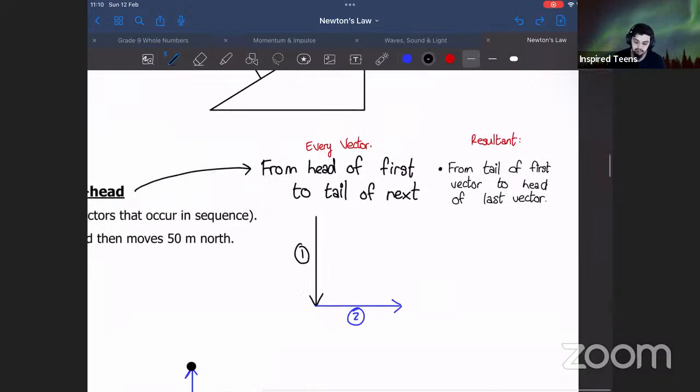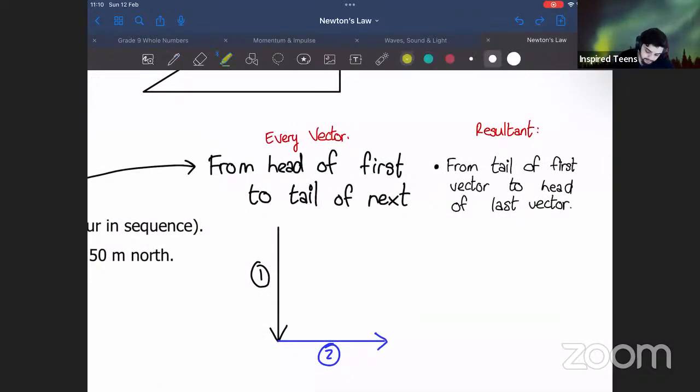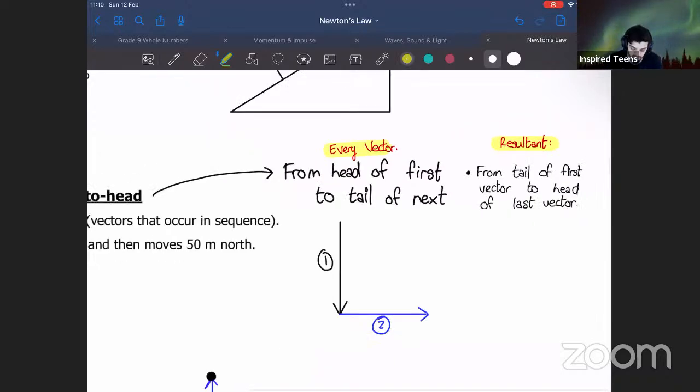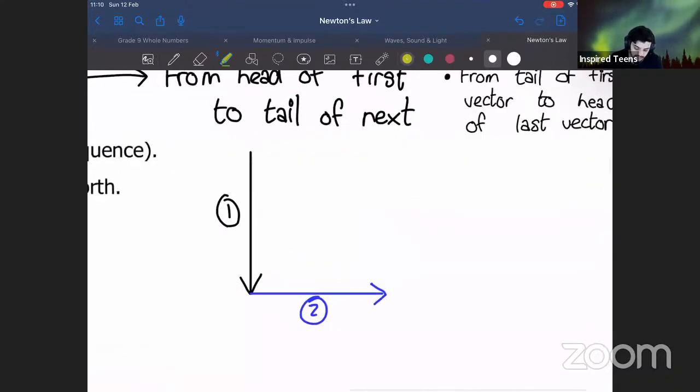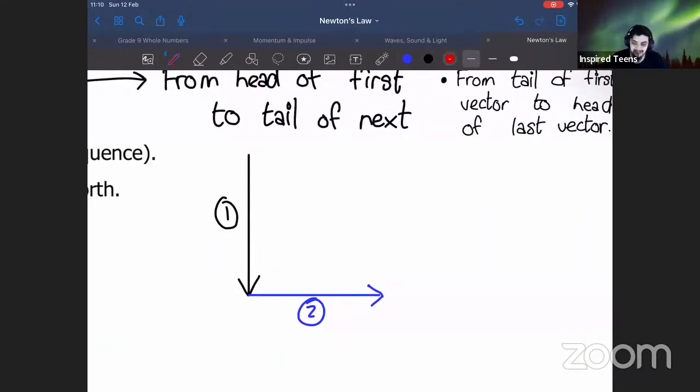However, the resultant vector is from the tail of the very first vector to the head of the very last vector. So in this case, for example, if we had to draw a resultant vector, this is number one. We go to its tail, to the head of the last one, which is there, and we draw it in that direction.